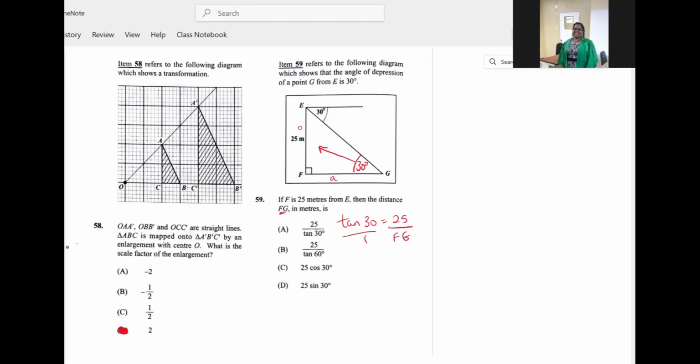And if you cross multiply this, FG times tan 30 will be equal to 25 by 1, which is 25, because according to the diagonal multiplication, they're doing FG by tan 30 and 25 by 1. So what they want is FG. So FG is going to be equal to 25 divided by tan of 30. So the answer is E.